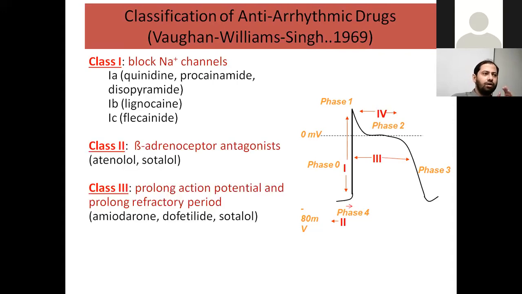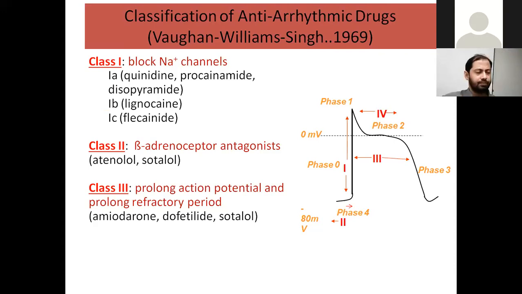All of the drugs included in class 1 have the same mechanism of action: these drugs block sodium channels.